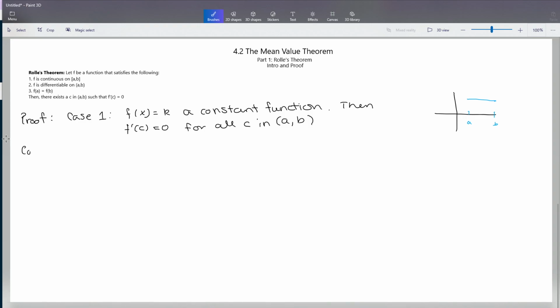Okay, so let's look at a different situation where we maybe don't have a constant function. Now in this example, we're going to have that for some value, this value is larger than the endpoints.